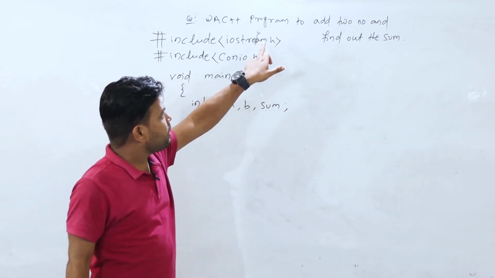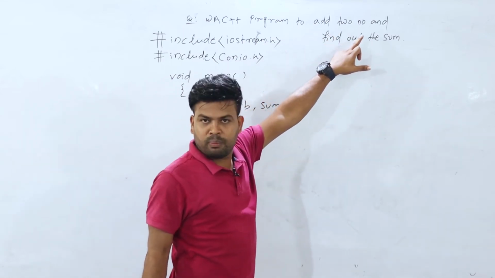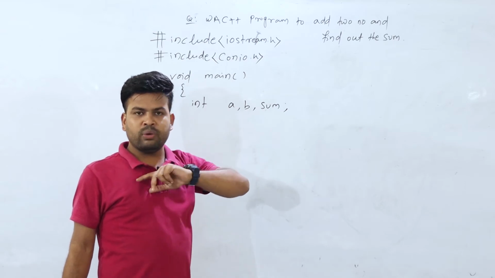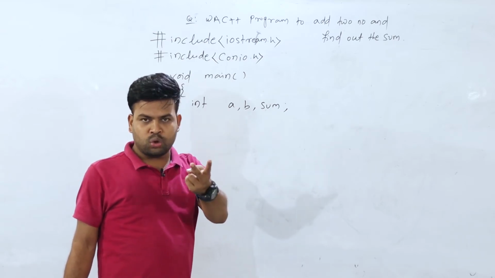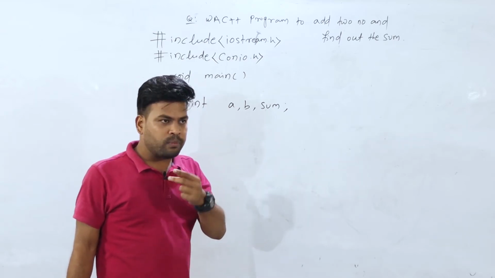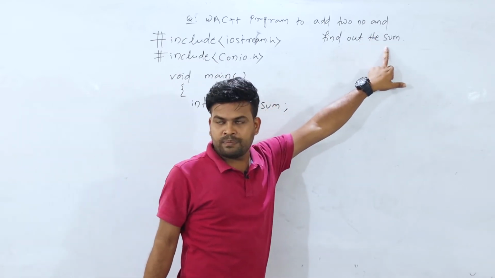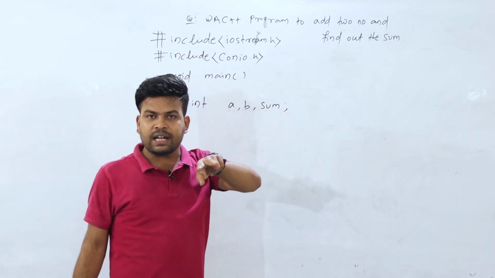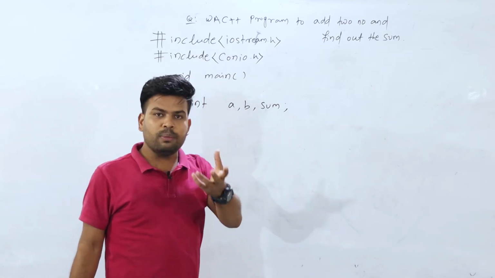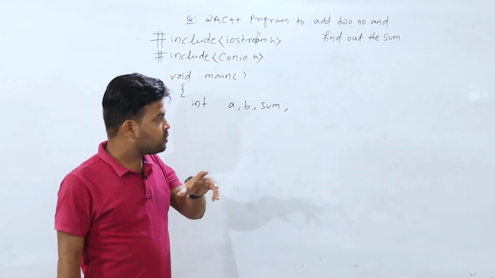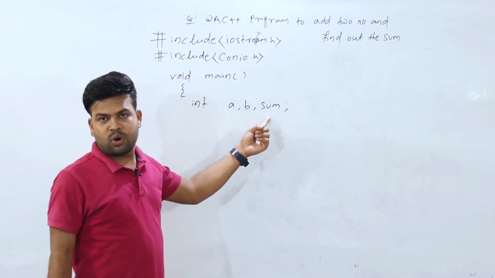Here my question is to add two numbers. So for two numbers we will declare two variables. Then after that, find out the sum. That means after adding the numbers a value will occur. So where will the value be stored? For this purpose I took one more variable.